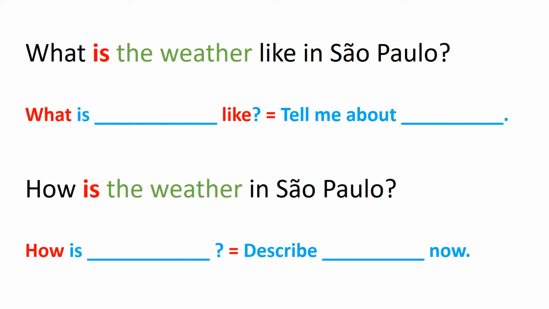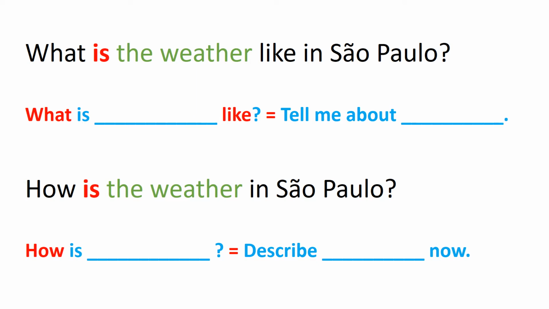You're interested in knowing about the weather because you're traveling to São Paulo and you have to know what kind of clothes you're going to wear. So if you need this kind of information, you need someone to tell you what the weather is like. So what is like equals tell me about whatever you are asking. So what's the weather like in São Paulo means tell me about the weather in São Paulo.